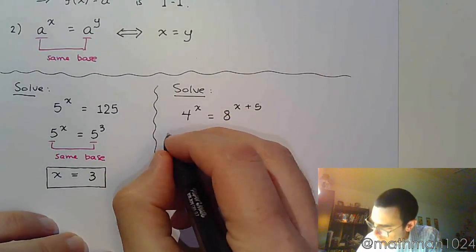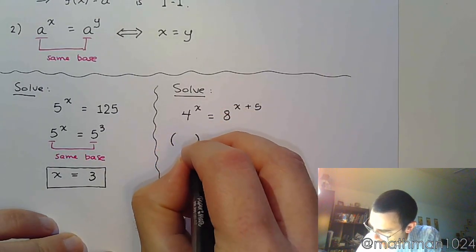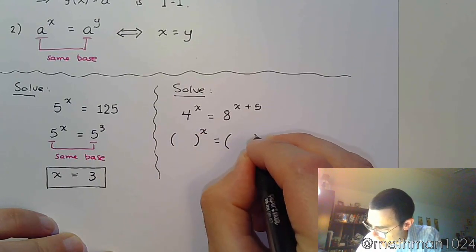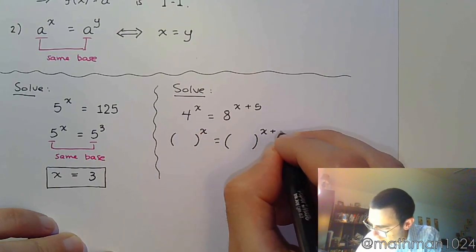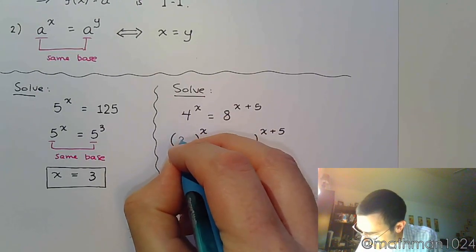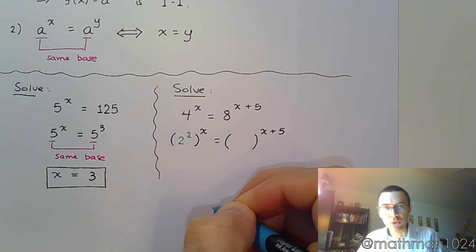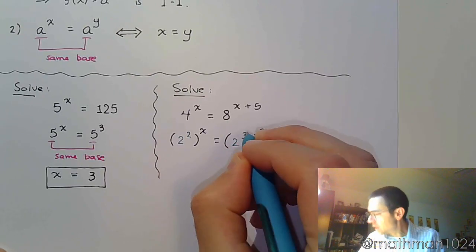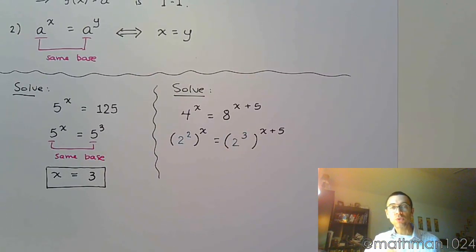And so what we do is that we rewrite each of these guys using that common base of 2. So if you look above, you know that 4 can be rewritten as 2 squared, and 8 can be rewritten as 2 to the third. So this is good for us, so we can identify they have a common base.